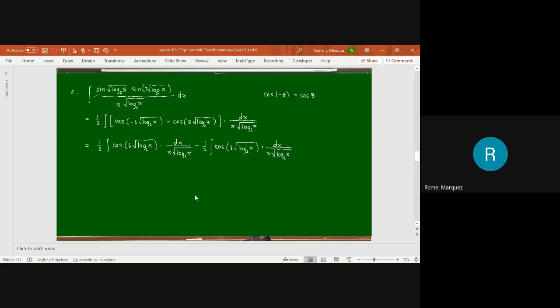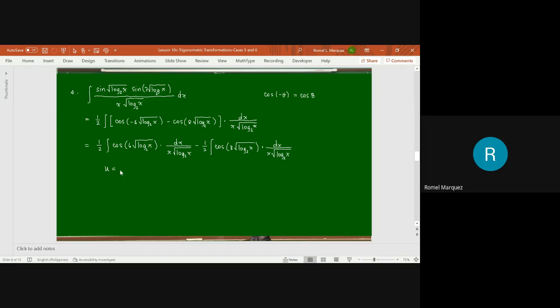Okay, guys? Well, let's have substitution. Let u be equal to, for each, you will have log, no? And then I will just have later 6. For the first one, actually 6. Let's have separate.